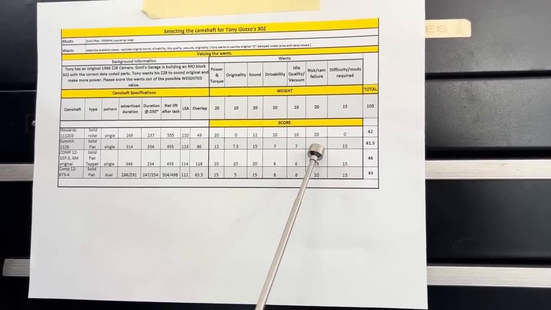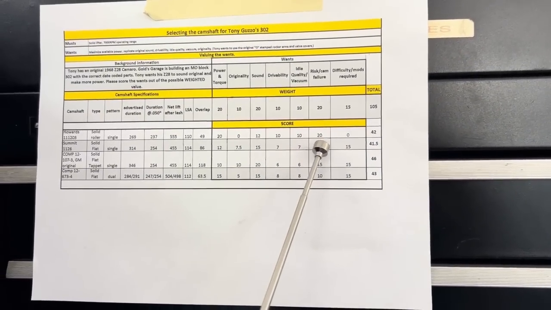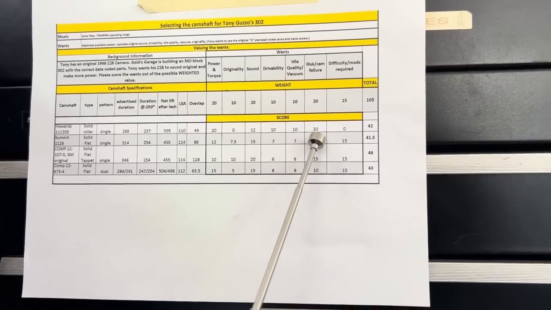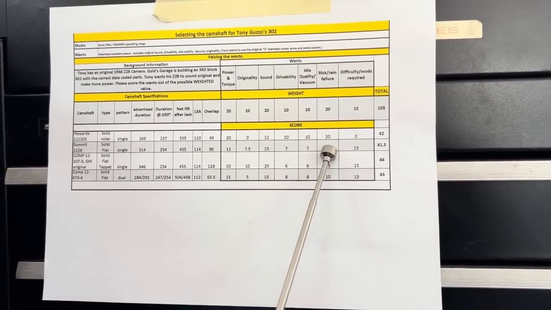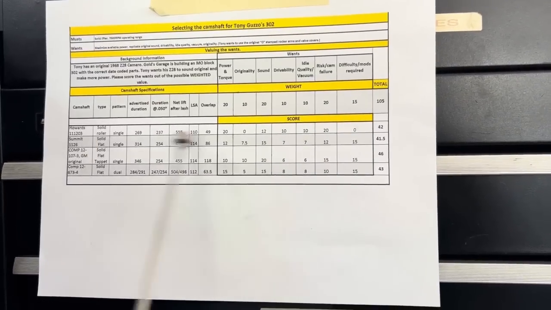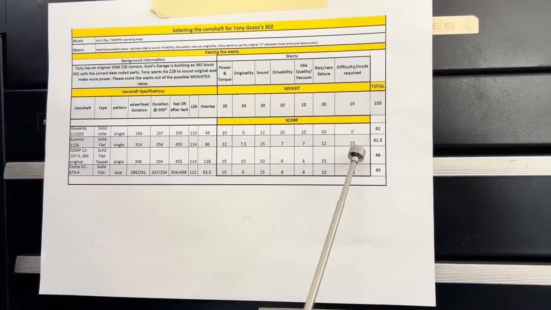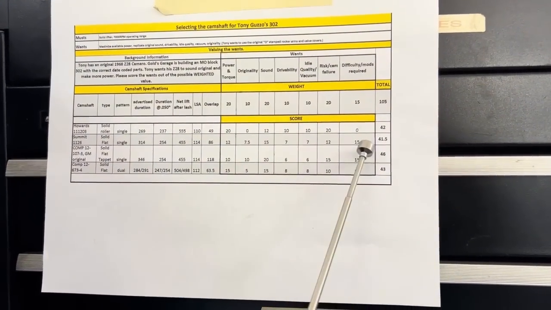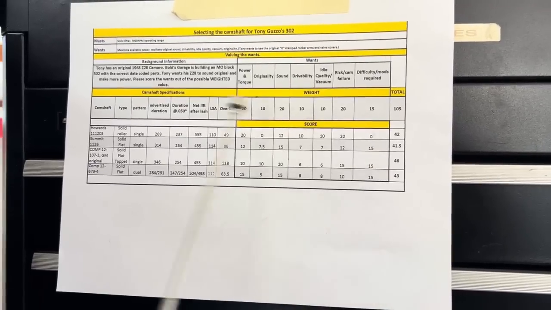Risk of failure, out of 20, I gave it a 12, because of the design of the camshaft. And then difficulty of mods required, 15 out of 15. It's a flat tappet cam like the original, goes in exactly the same way, so it gets maximum points.